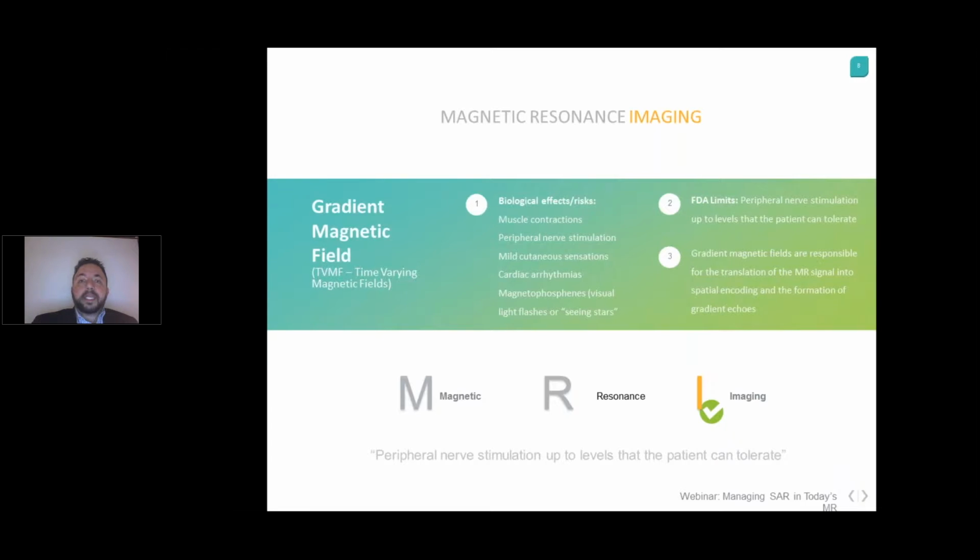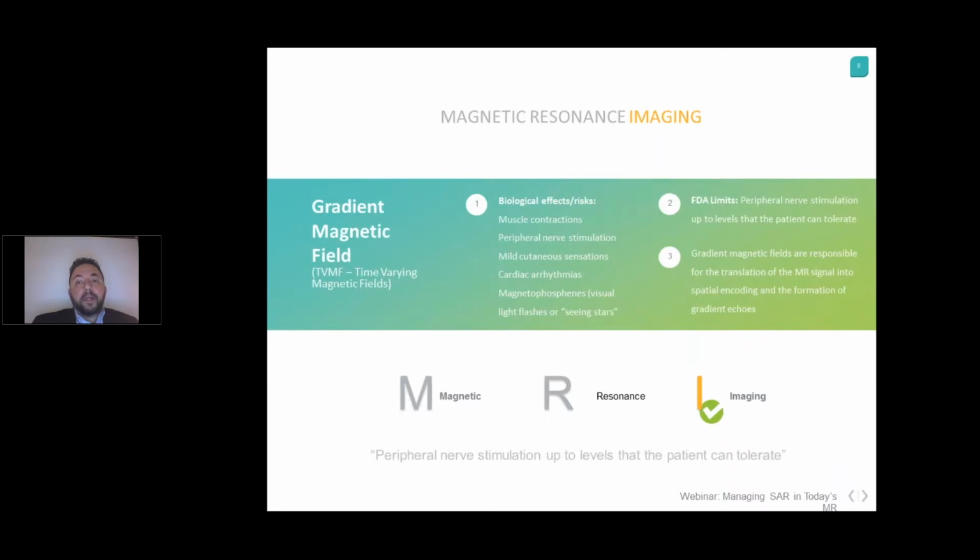This is the exact definition of that FDA limit. It is up to the level that the patient can tolerate. So this is the gradient magnetic field interaction and an example of a patient reaching that threshold.